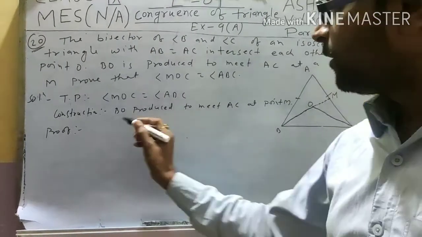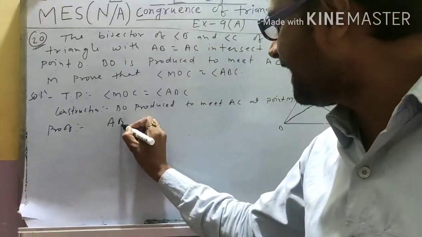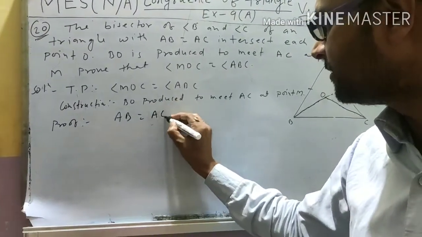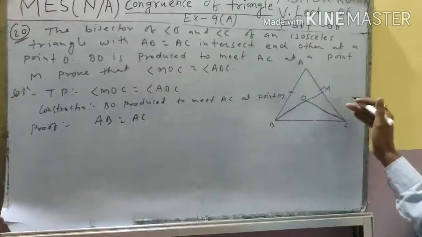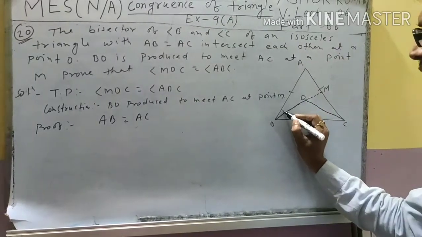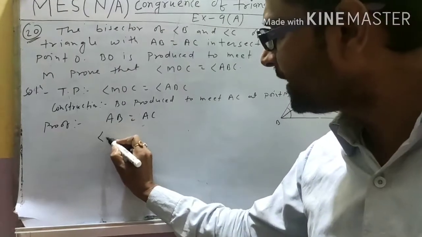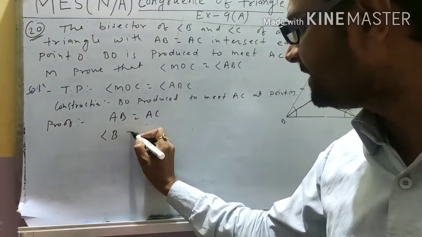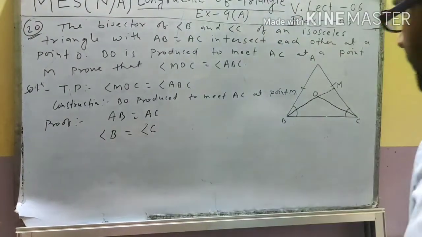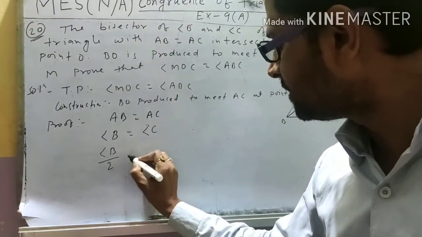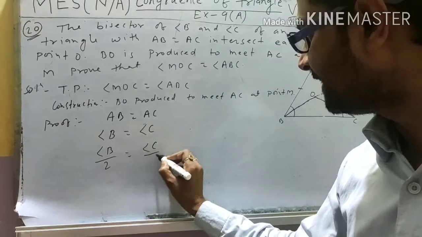Proof. Okay, student, one piece of information is given here. AB is equal to AC. We know that if two sides are equal, then the opposite angles are also equal. That means angle B is equal to angle C. Angle B divided by 2 is equal to angle C divided by 2.